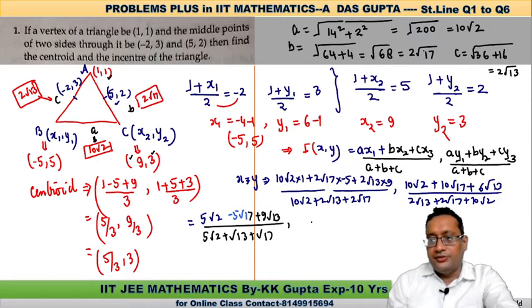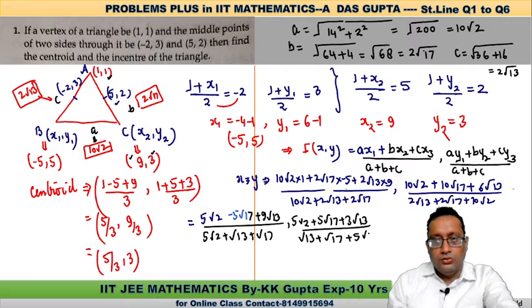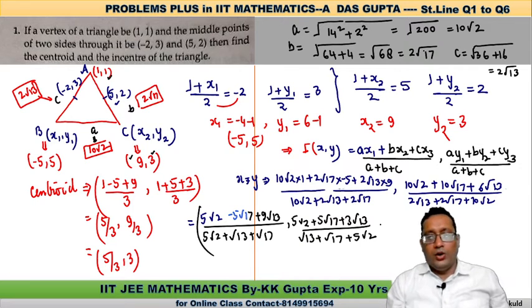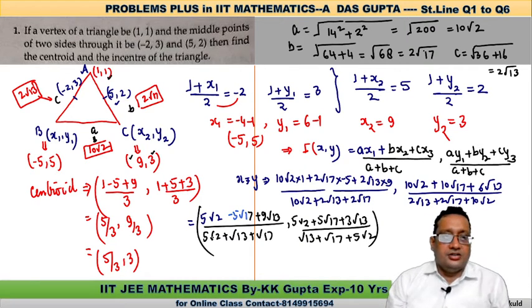And for the y coordinate, if I divide by 2, it becomes 5 root 2 plus 5 root 17 plus 3 root 13, divided by root 13 plus root 17 plus 5 root 2. This will be the x coordinate and the y coordinate of the incenter for the first question.